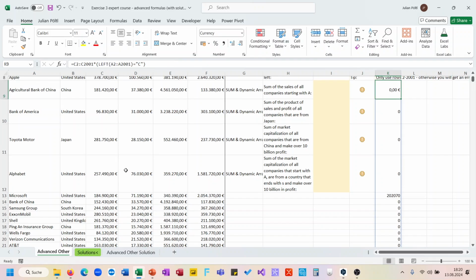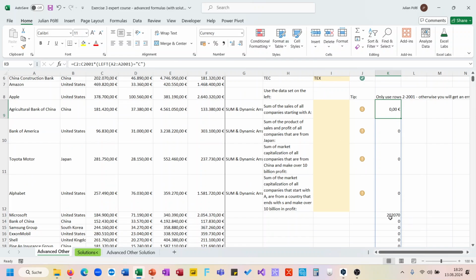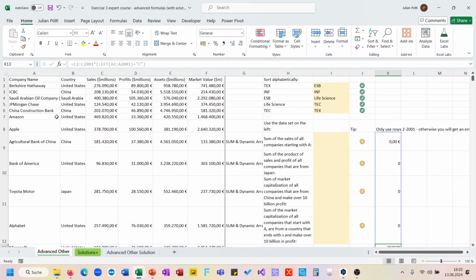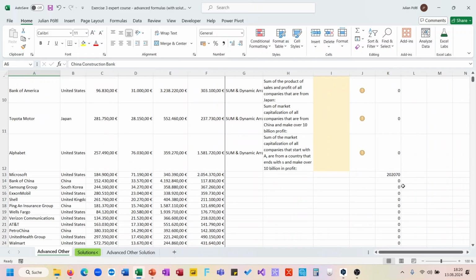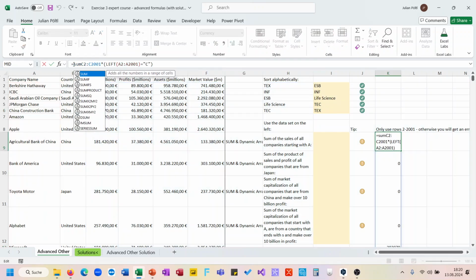And here you see there's a 0 if the companies don't start with C, but there is a number if the company starts with C. So here China Construction Bank starts with C, and therefore the sales is in here.